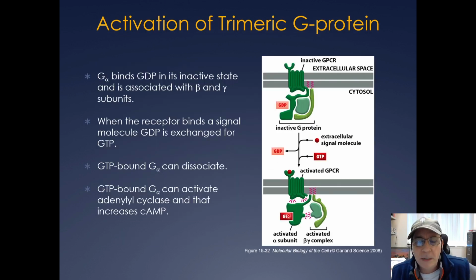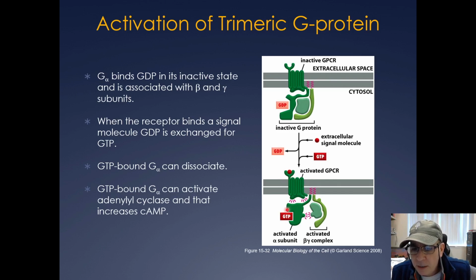And so here's basically what happens when you get activation of the G protein coupled receptor. You'll have an inactive G protein, and then the extracellular signaling molecule will come in and bind to the G protein coupled receptor, and that can activate it by exchanging GDP for GTP.